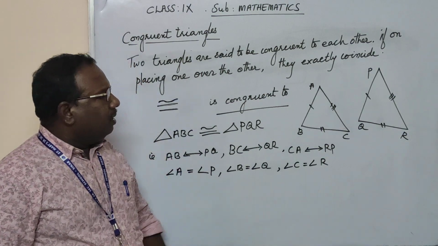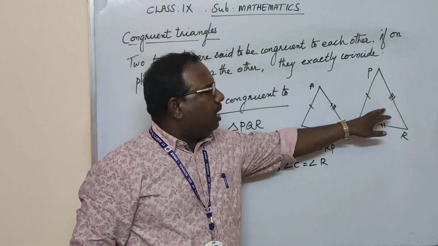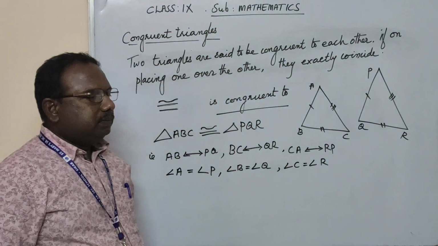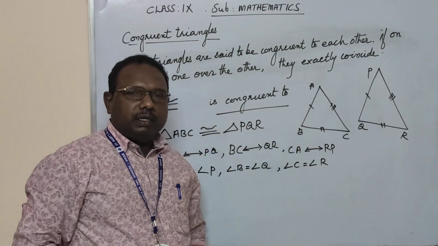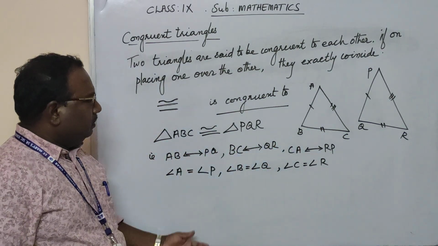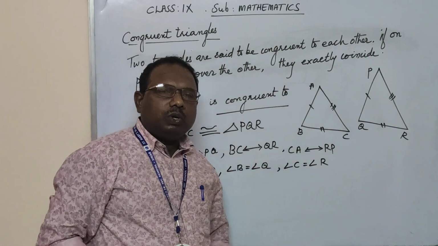Now let's say if triangle ABC is congruent to triangle PQR, corresponding sides are congruent and corresponding angles are also congruent.